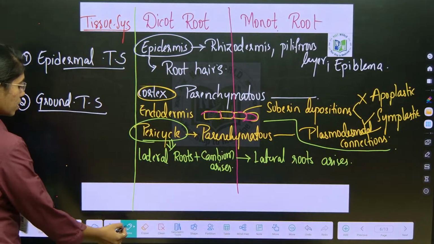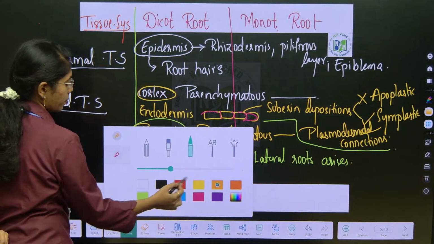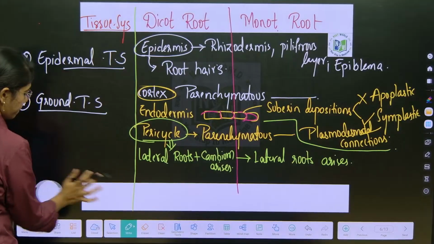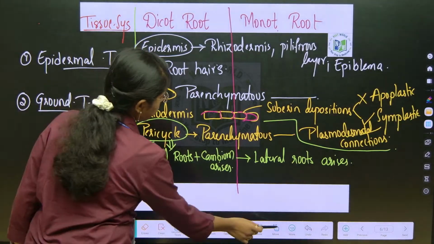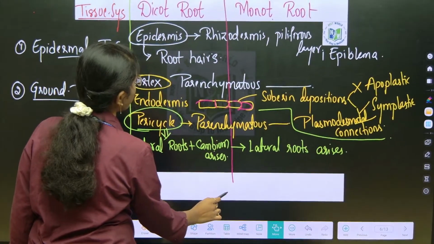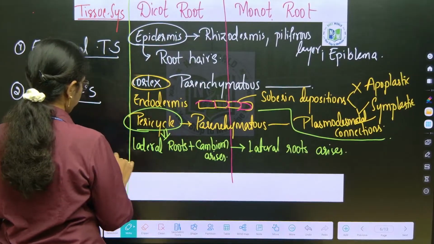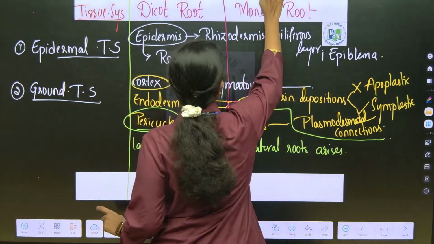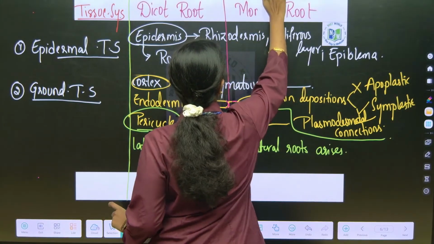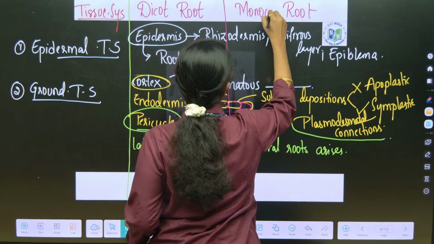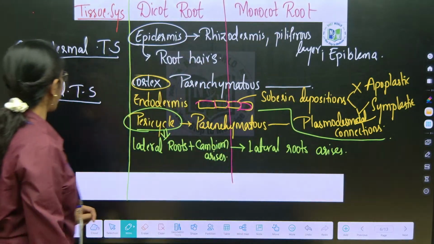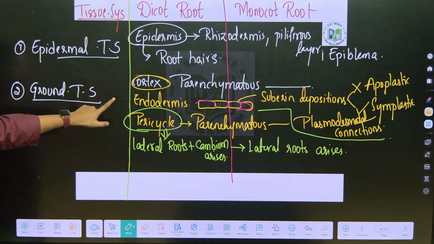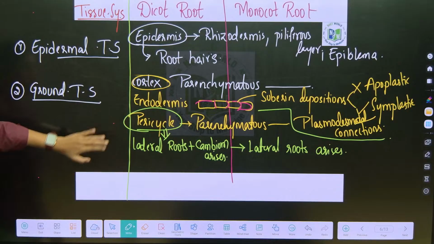So here I have highlighted the differentiation in cortex, endodermis and pericycle.